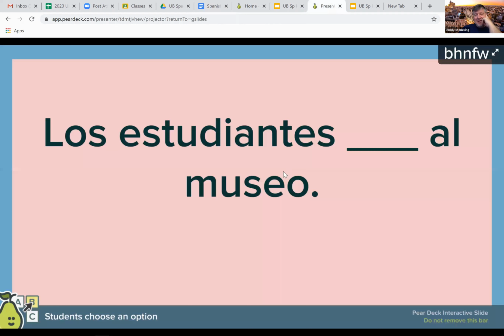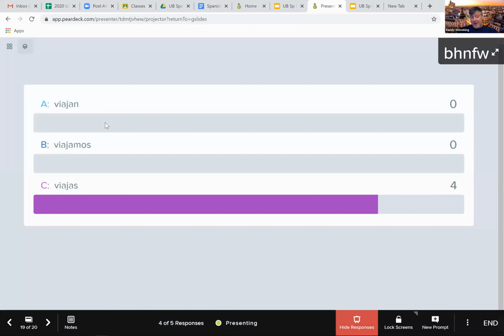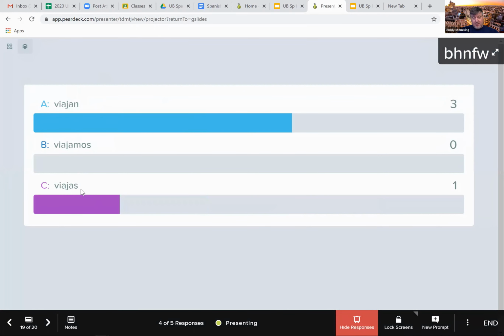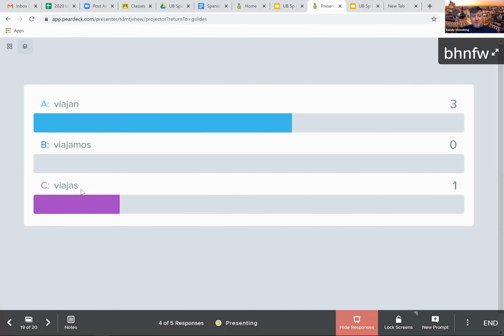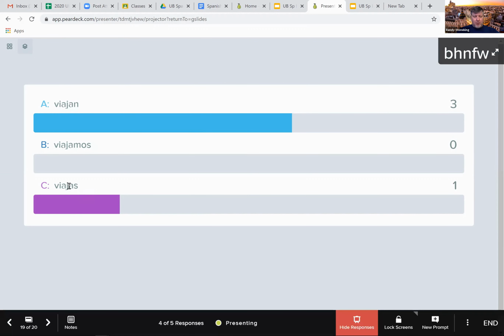The correct answer here, los estudiantes, should actually be A. You guys are, again, following the leader sometimes doesn't get you there. So why do we say A and not C for the correct answer? Because, again, working backwards, the word viajas means you.